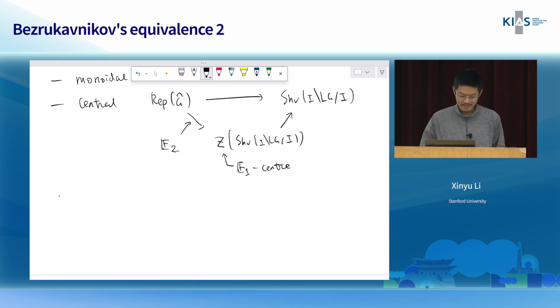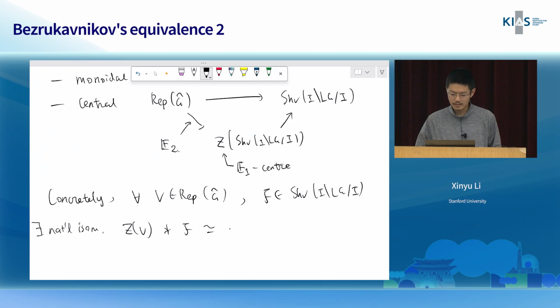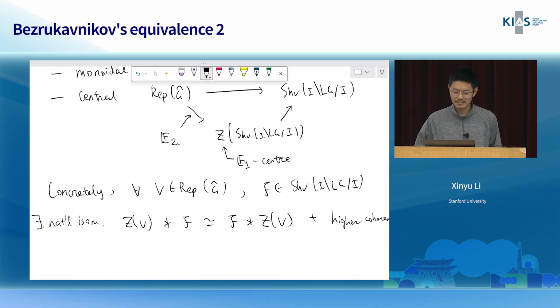Yeah, so concretely what it means is that for any representation of G hat and for any sheaf on the Hecke stack, there's a natural isomorphism of these two convolutions, plus so-called higher coherences, but it's an infinite amount of data. So the more precise way to say it is to use this language of E1 center and E2.